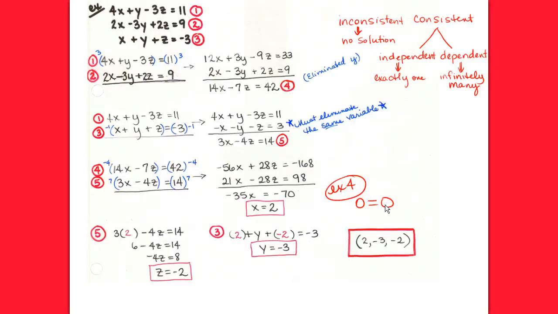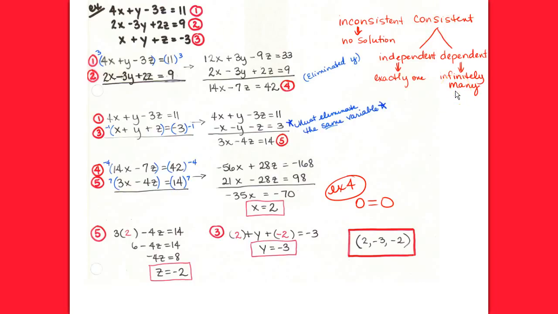Now, they give me a couple of bold print terms on the bottom of page 511. They talk to us about consistent and inconsistent, which we've already learned. We learned that a system was inconsistent if it had no solution, and it was consistent if it had exactly one or infinitely many solutions.